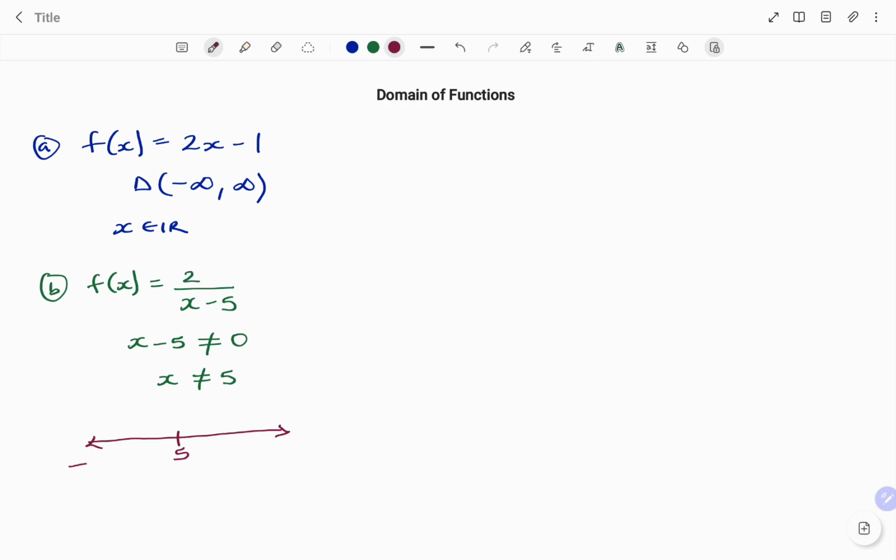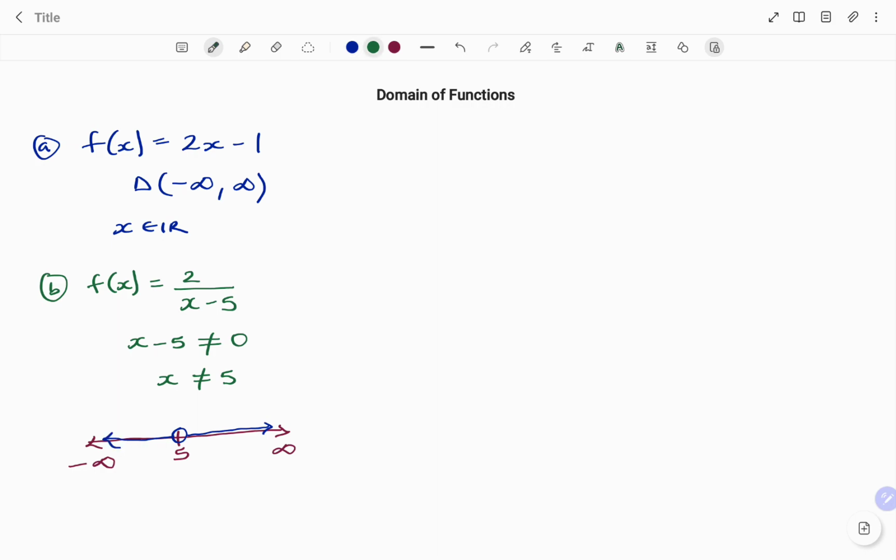So I have this, to negative infinity and positive infinity. X cannot be 5, so I'm going to have an open circle on 5, and x can either be or tend towards bigger positive numbers or lower negative numbers.